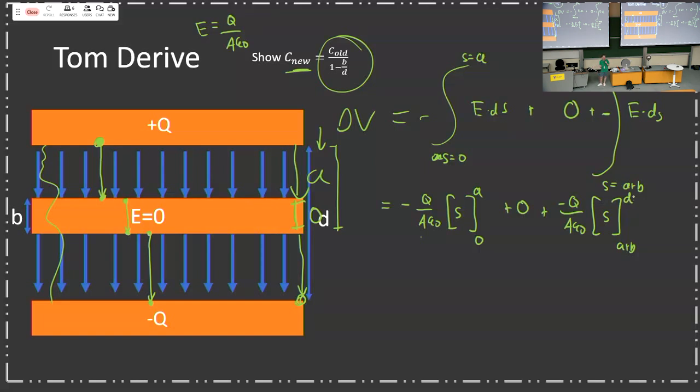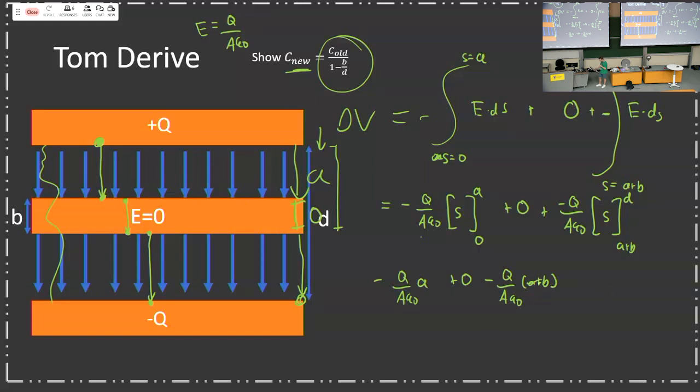Now let's solve that whole thing. So this is equal to minus Q over A epsilon naught times a, plus 0, minus Q over A epsilon naught times a plus b.